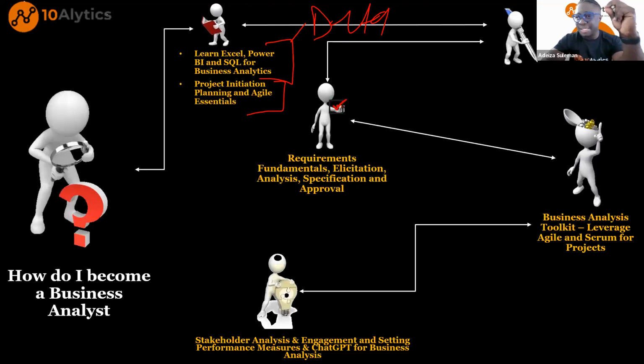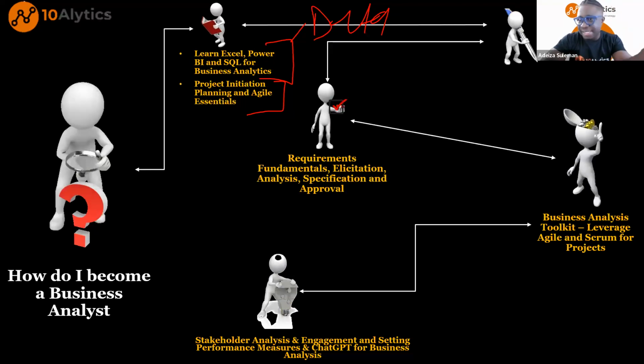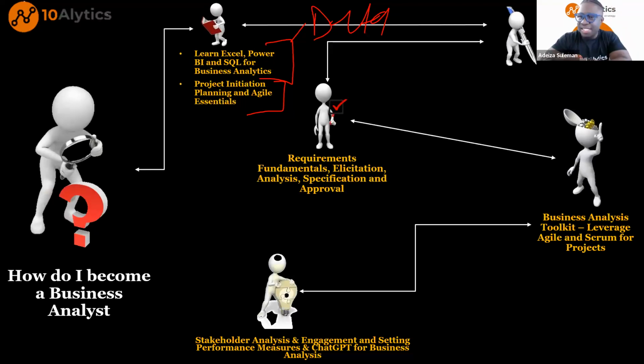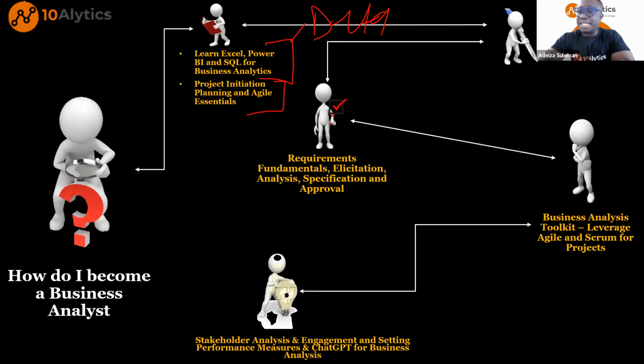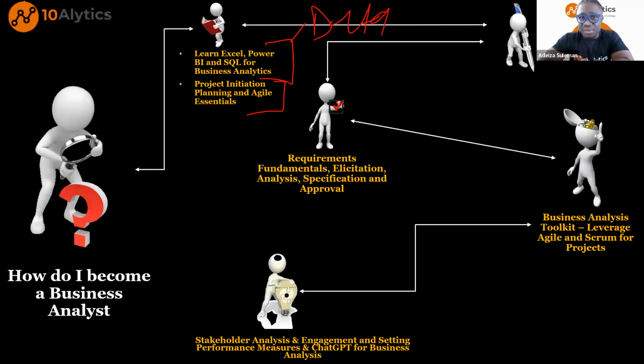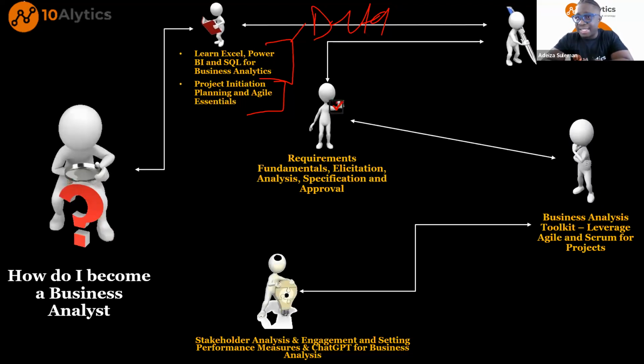And last but not the least, ChatGPT for business analysis. We've had so many sessions on ChatGPT for data analytics, for data science, and so forth. But ChatGPT goes beyond just data analytics and data science.